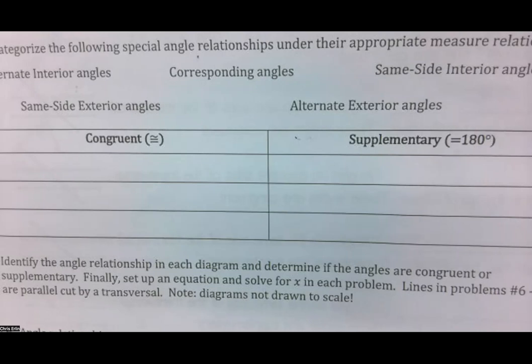Yes. Well, and linear pair. It's up to you. If you want to add vertical angles in the congruent side and linear pairs in the supplementary side, because those need to be there at some point, that's fine.